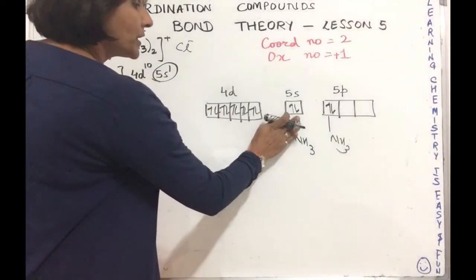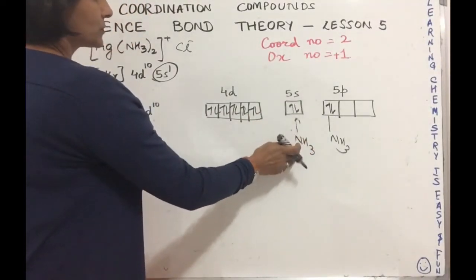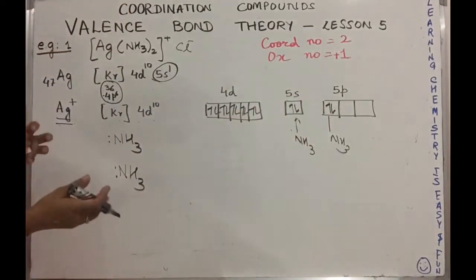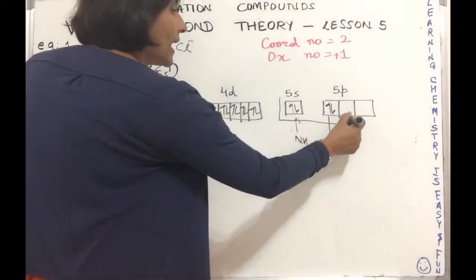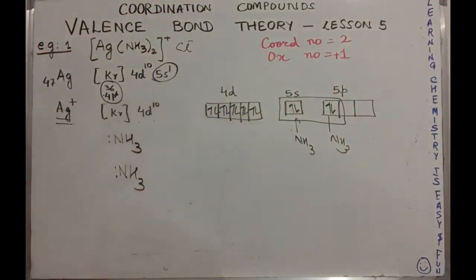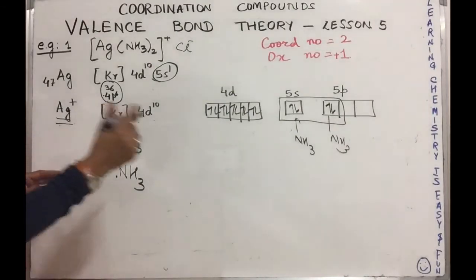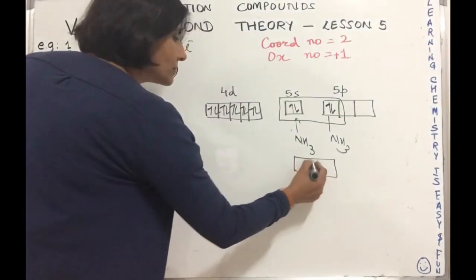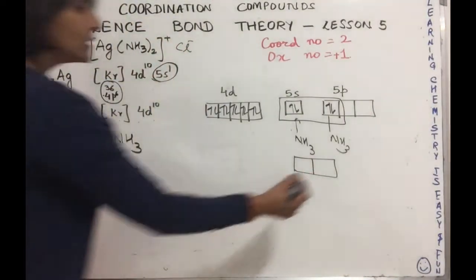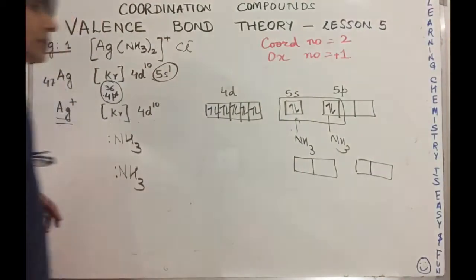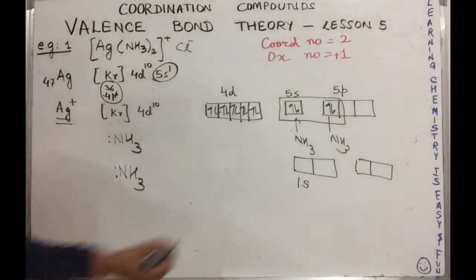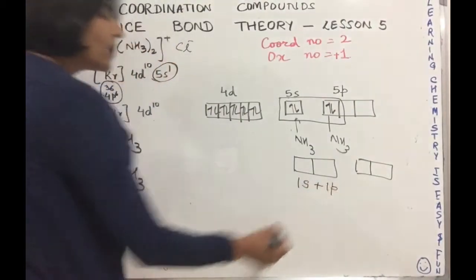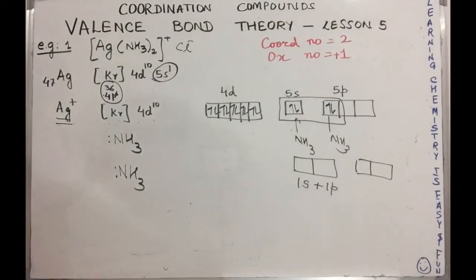So when ammonia approaches, the s and p orbitals say, okay, let us come together. We have to accommodate 2 ammonia ligands. So they come together and make one single unit, but again made up of 2 compartments. So the situation becomes something like this. The remaining 5p are here, whereas one orbital of s and one orbital of p have come together to form a single unit.